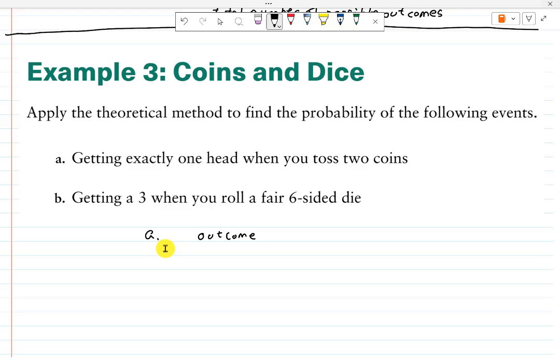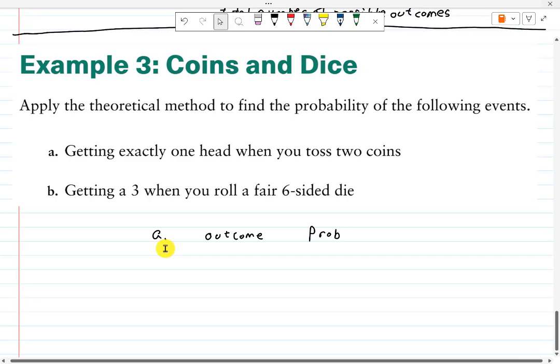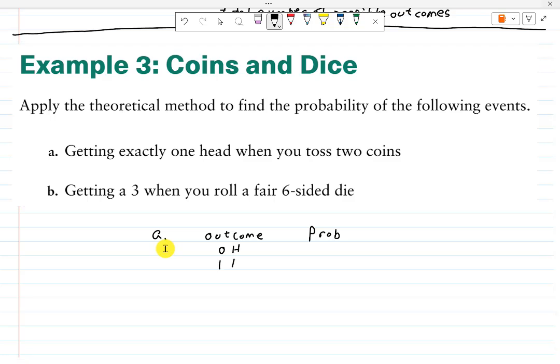And we'll see what the probability of that is. So let's take a look at the possible outcomes here. When we toss 2 coins, we could either have 0 heads, 1 head, or 2 heads. Now, when we did this, we had four possible outcomes here.